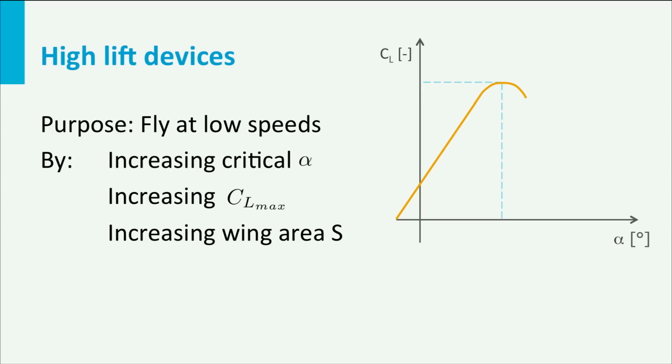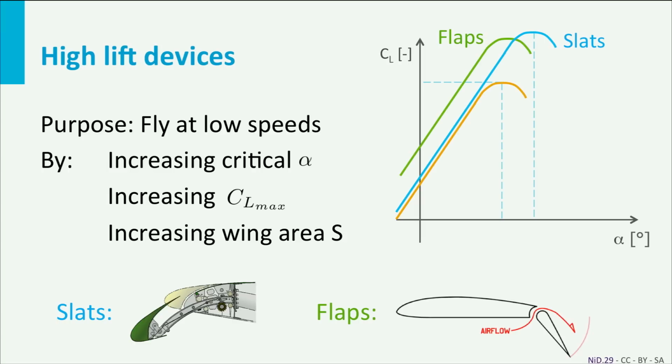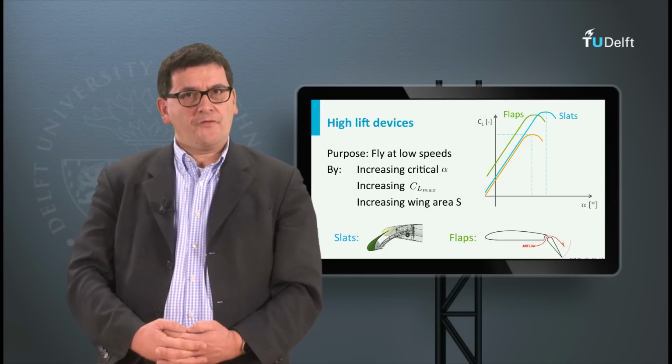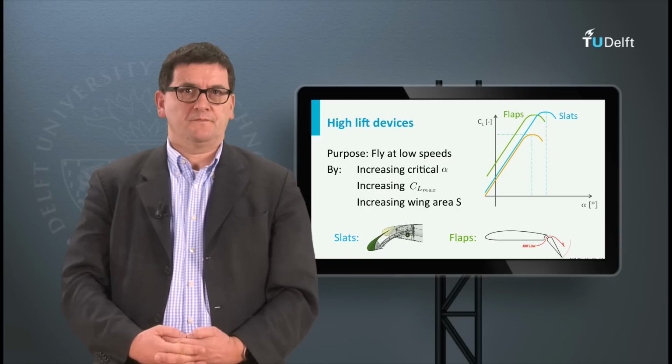This is visible in this plot. Slats increase the maximum angle of attack and as a result also the maximum lift coefficient. The flaps at the trailing edge mainly increase the camber of the airfoil and shift the curve upwards. In addition to these effects, both devices also increase the wing surface area.